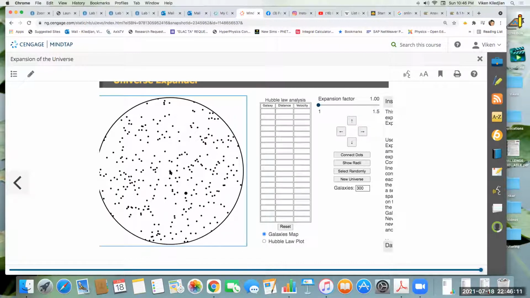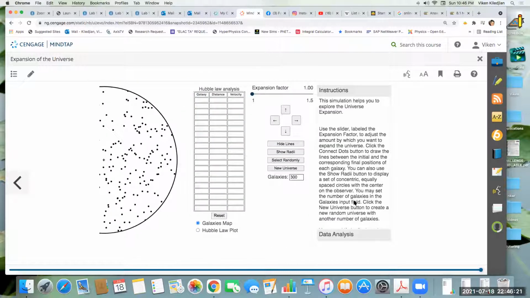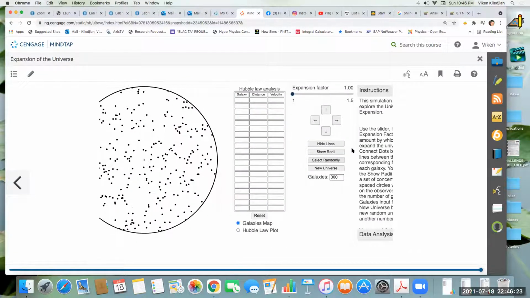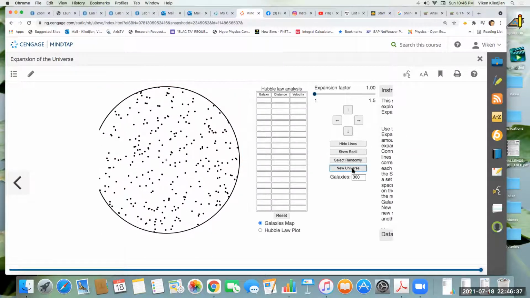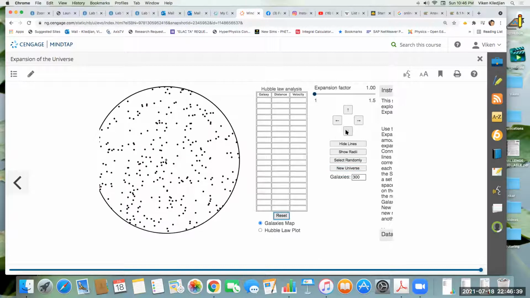Wait. Why doesn't it allow me to move it? Click the Connect Dots button to draw. Okay. Hide lines. So it should be moving that X. New universe. Reset. Connect dots.